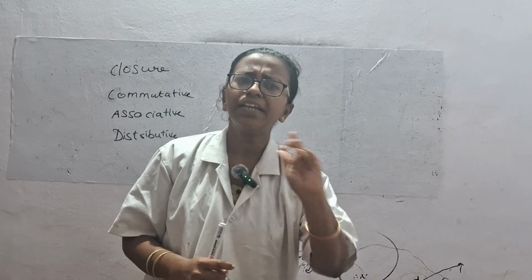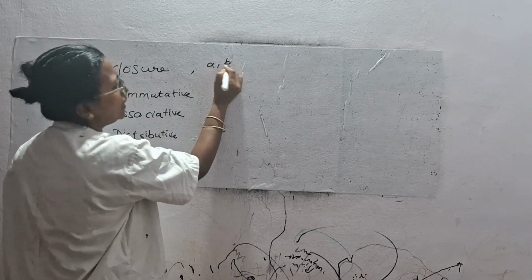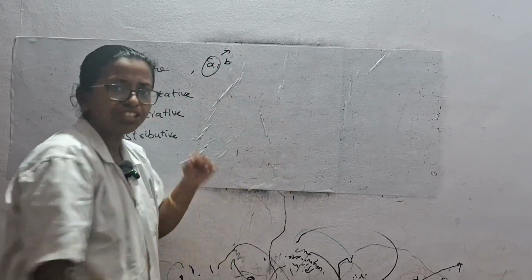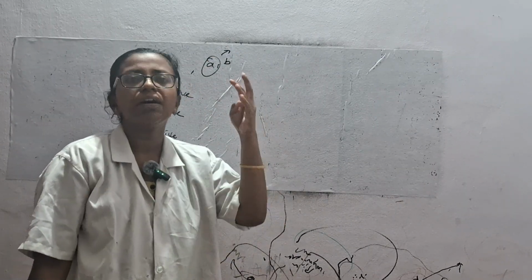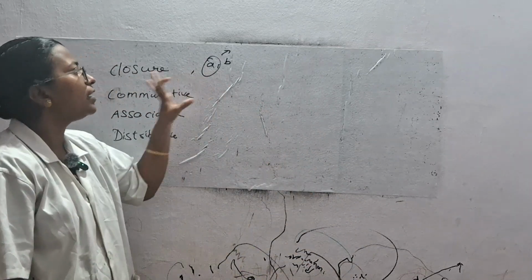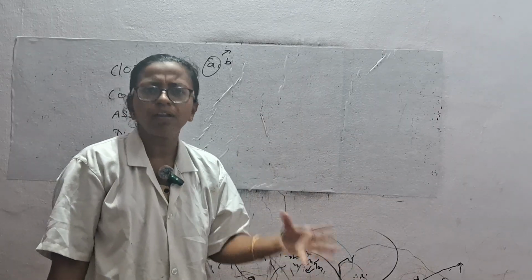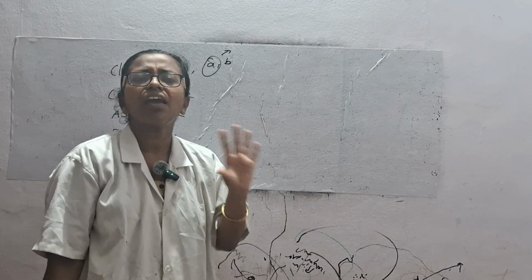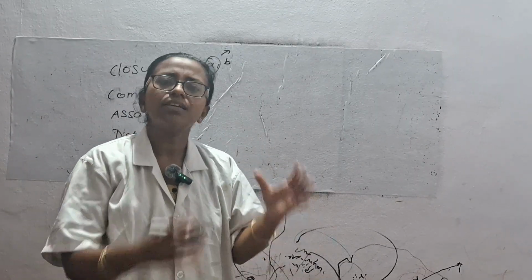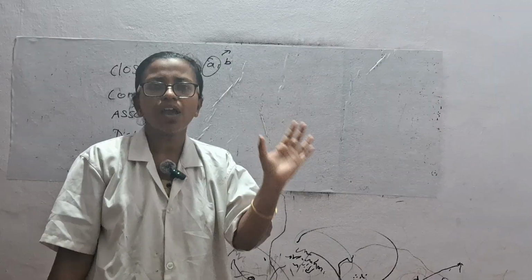In mathematics, how do we say that a set of numbers has the closure property? We can take any numbers A, B. A belongs to which numbers? Maybe whole numbers, rational numbers, integers, anything it belongs to. If A is a whole number, B is also a whole number.